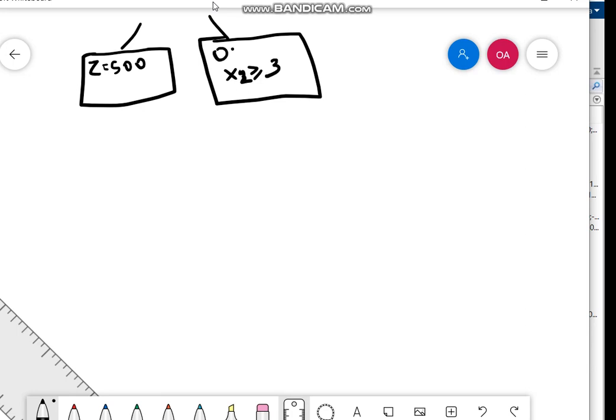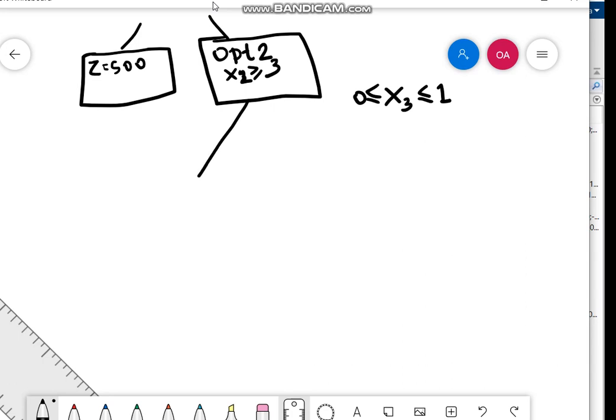So this is the second optimization problem. Here x3 was between 0 and 1. So we need to update this problem.